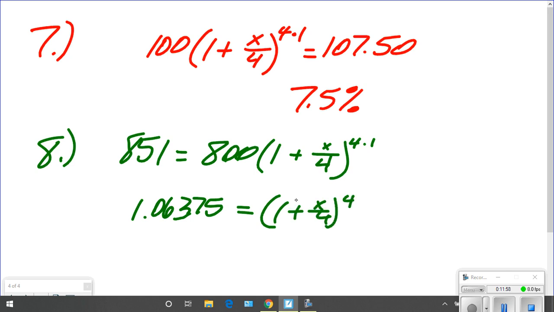So I divided by that. I'm going to do the fourth root of each side, then I'm going to subtract 1, and then I'm going to multiply by 4. Yeah, see?